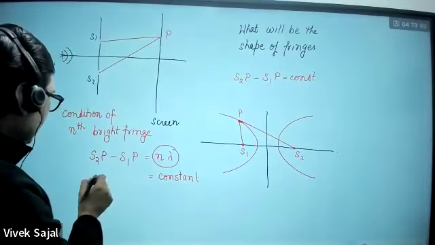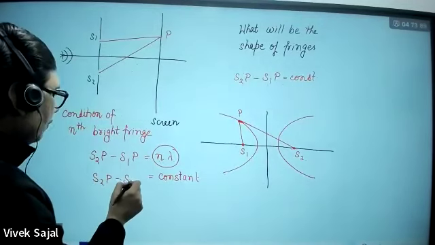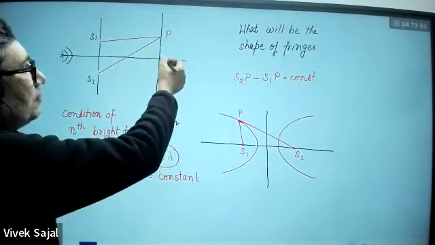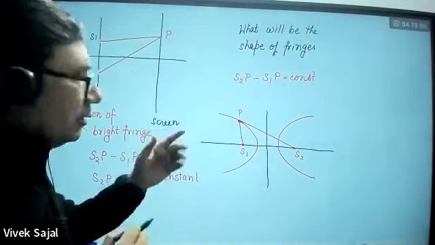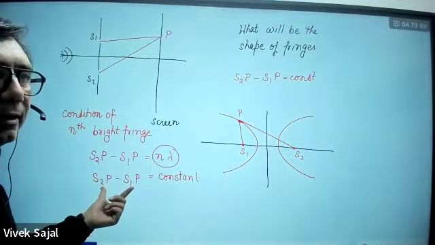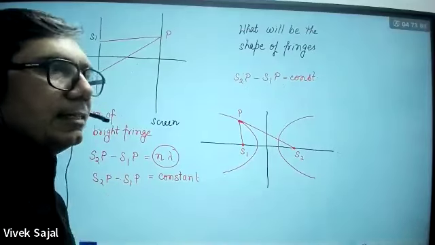So you are saying that you are going to get the condition of nth maxima satisfied on the screen. You are having a screen, and at every point where this condition is satisfied, you will get the nth maximum.